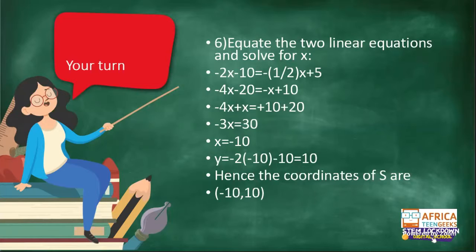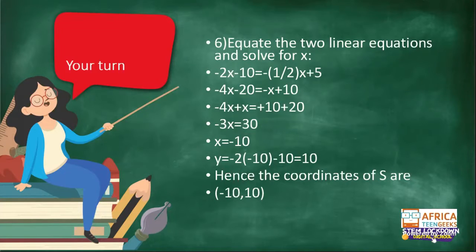So you start with -2x minus 10 equal to -half of x plus 5. I have just rewritten it as -4x minus 20 equal to -x plus 10. I could have -x plus 10 divided by 2 equal to -2x minus 10, but to cancel that 2, I multiply it with -2x minus 10.